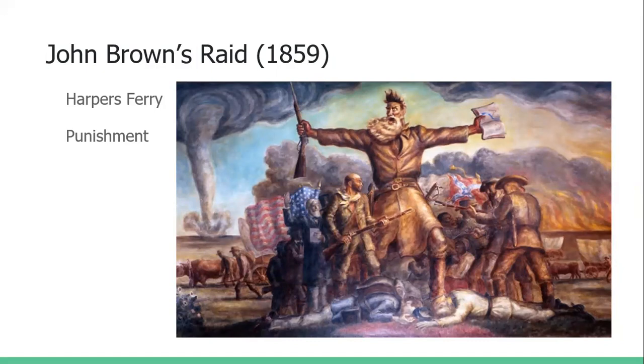Several of the people present at the raid, fighting against John Brown and his followers, will later become heavily involved in the Civil War, including Colonel Robert E. Lee, who was actually in command of the operation leading the Marines to take Harper's Ferry back from Brown and his raiders. Stonewall Jackson and Jeb Stuart, two very important Confederate commanders during the Civil War, were actually part of the troops who were tasked with guarding John Brown when he was captured and arrested at the end of the fight in Harper's Ferry to retake the armory.